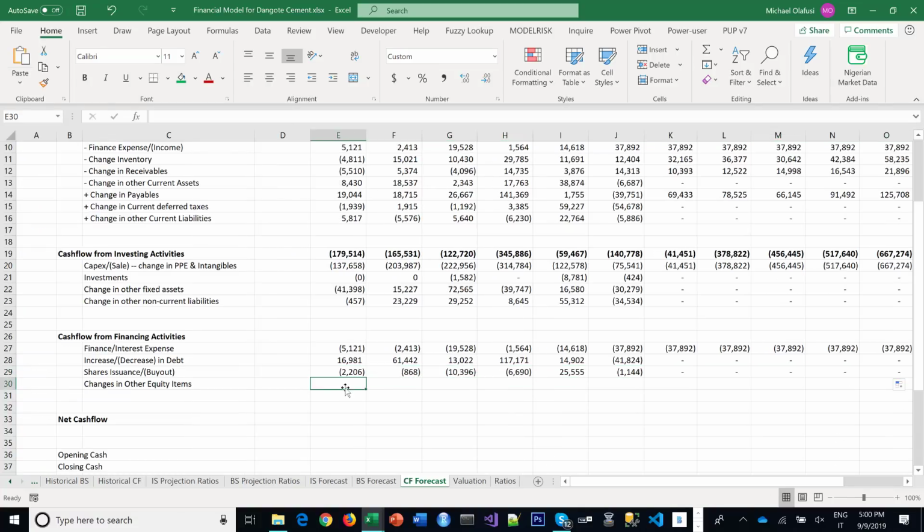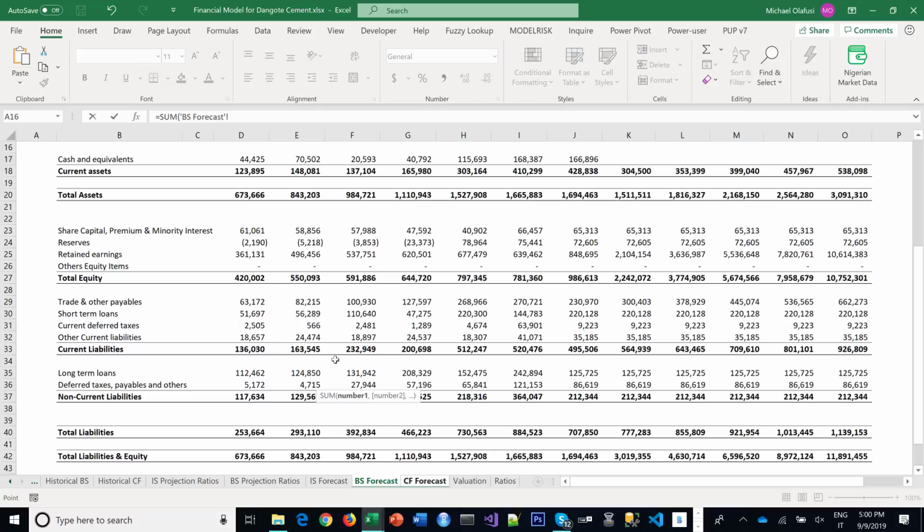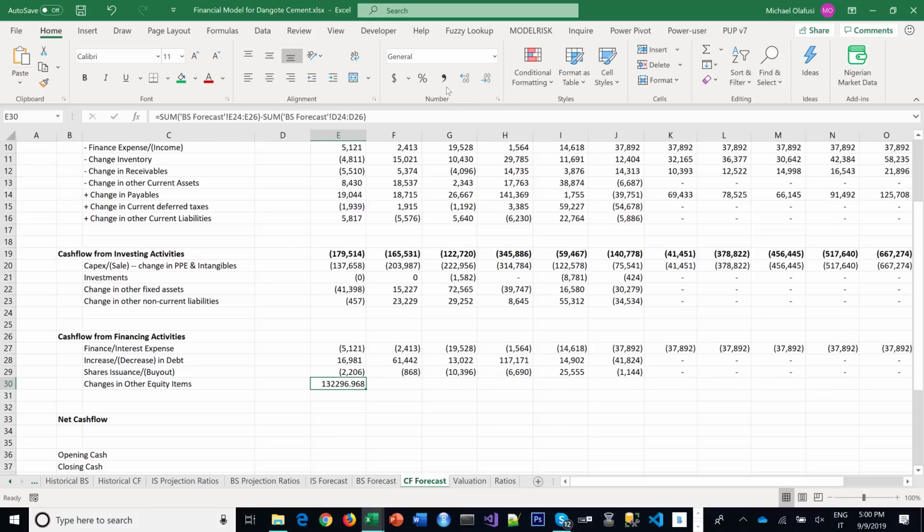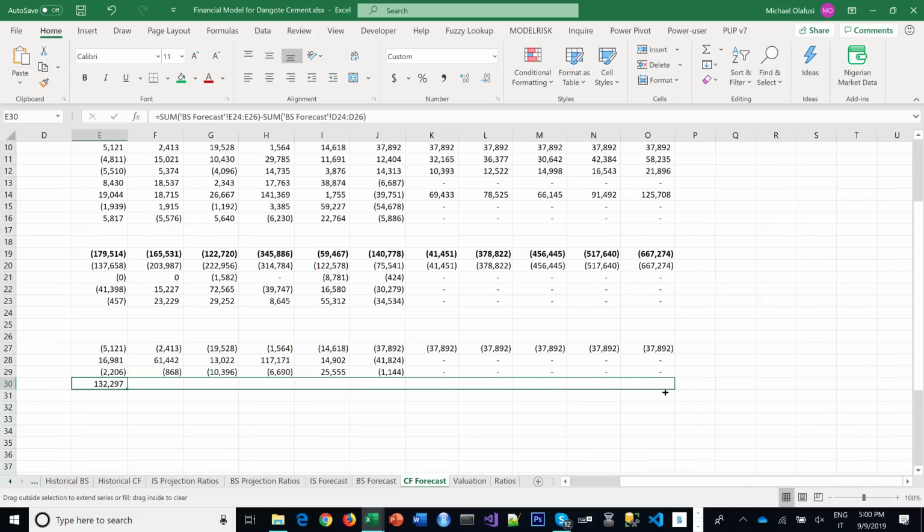And then the other items, so I'm going to just sum them all together. All of these minus all of these. Then drag.